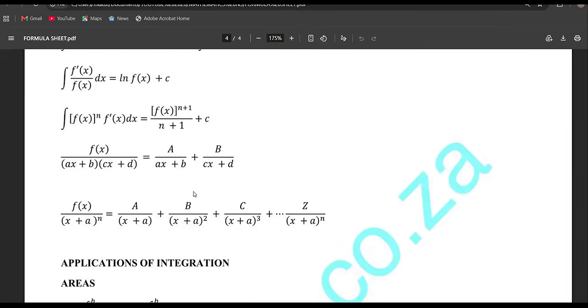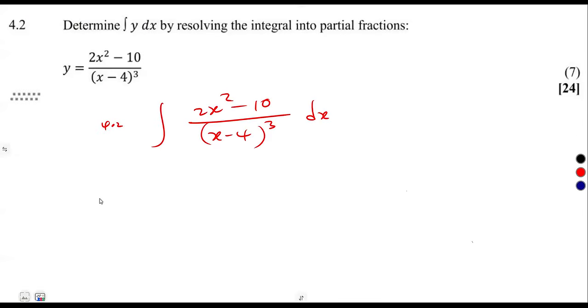A repeated linear is here: f of x over x plus a to the exponent of n. You're going to have A over that, B over that. So the exponents are increasing: 1, 2, 3, 4, up to the last one. That is how you expand a repeated linear.